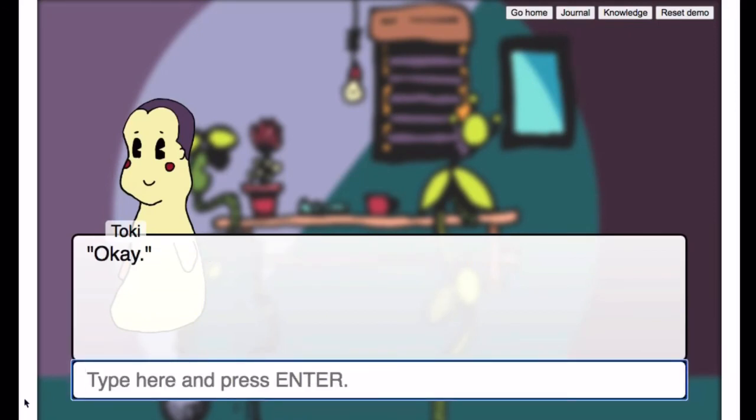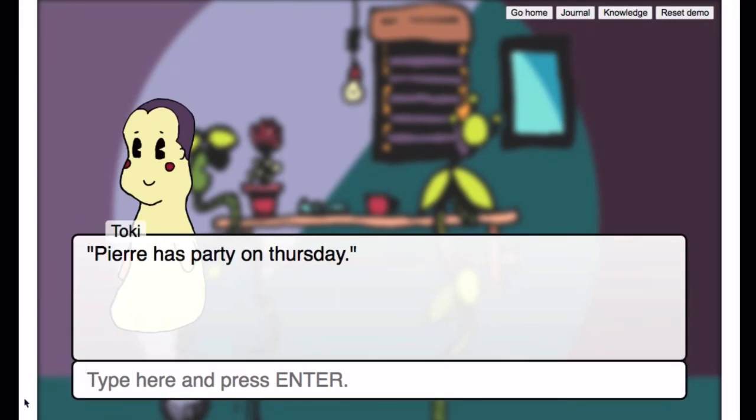Okay. And does Pierre have a party? Pierre has party on Thursday. Okay, so these two questions we can use to get the 2 days that we need. And then we just count from one of the days to the other, similarly to how it was done with the intervals.